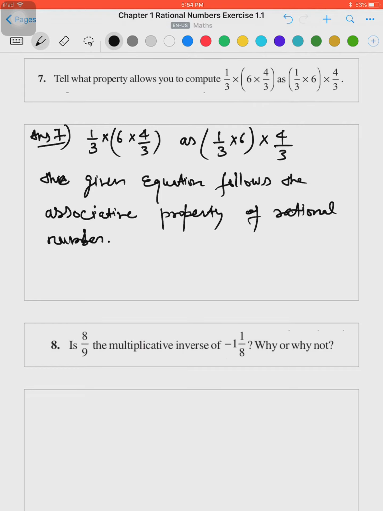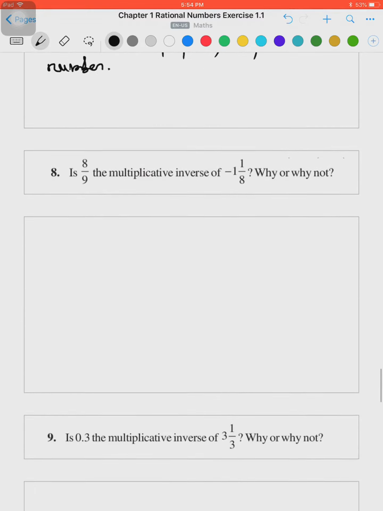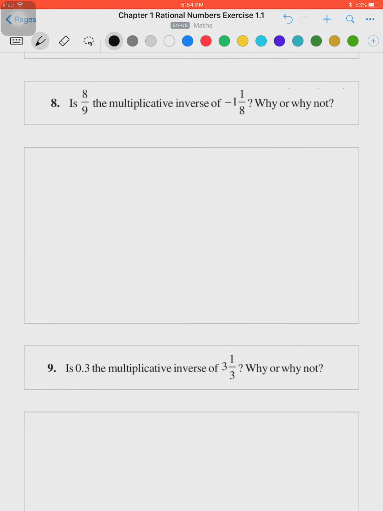Okay, moving ahead to the next question: is 8 by 9 the multiplicative inverse of minus 1 by 8? Minus 1 plus 1 by 8, why or why not? The question given to us is to check whether 8 by 9 is the multiplicative inverse of minus 1 plus 1 by 8.